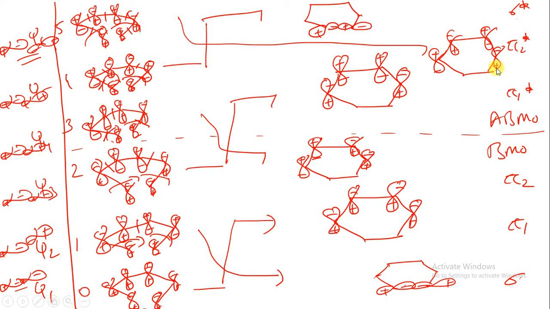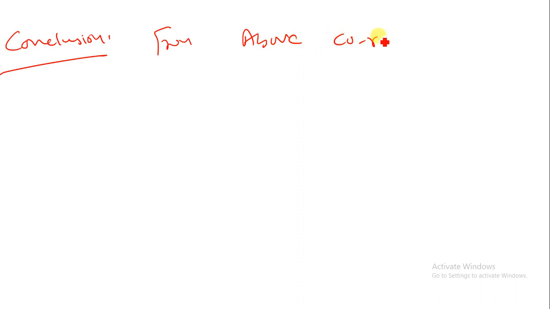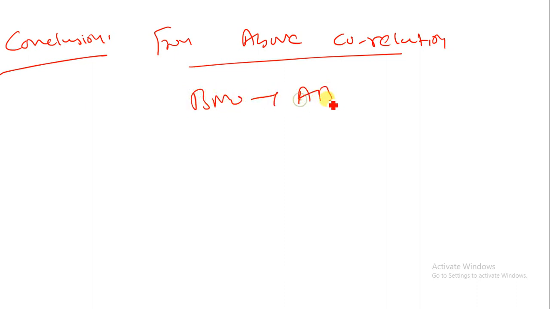From this diagram we can say that BMO is crossing to ABMO and ABMO is crossing to BMO, thus it is a photochemically allowed reaction and thermally forbidden reaction. After drawing this diagram, you have to conclude from the above correlation diagram that the BMO electron travels to the ABMO and the ABMO electron travels to the BMO.